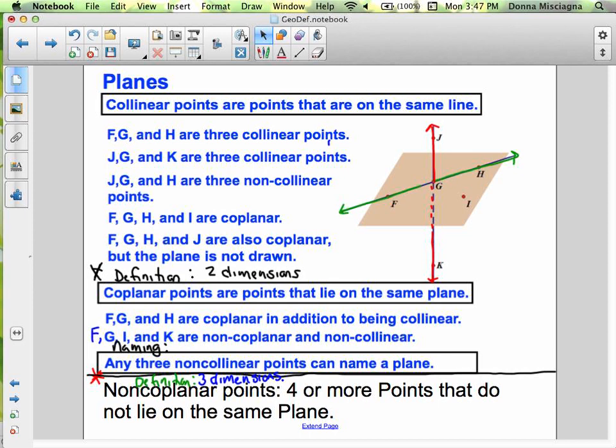For the diagram, you could include this picture here and say that F, G, H, and I are coplanar points.